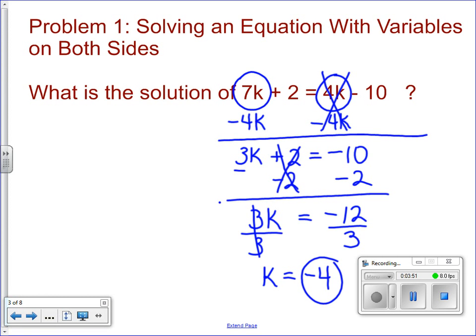Now, as always, you should check your answer. To check it, we're going to go back to the original equation: 7k plus 2 equals 4k minus 10, and we're going to substitute in negative 4 for our k.